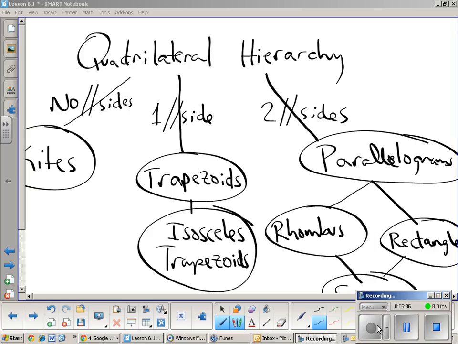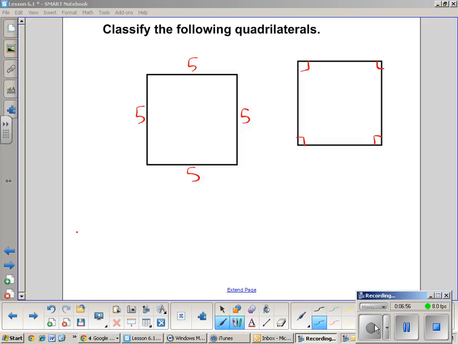You always start up at the top, and based upon whether it has no parallel sides, one pair of parallel sides, or two pairs of parallel sides, you follow it down. So take a few minutes to either draw this, or open your book to page 289. It's easier to draw it out of there.